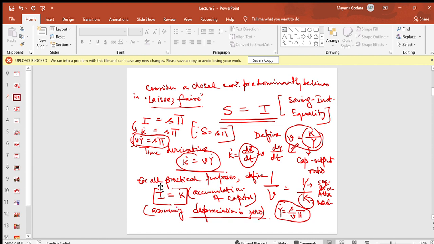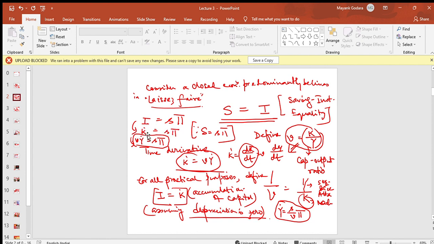Actually, for practical purposes, we can say that the change in the accumulation of capital is due to the investment. So investment leads to the change in capital. So we can say that I equals K dash. So we can write K dash equals S into pi.